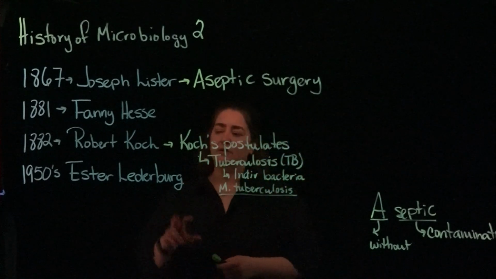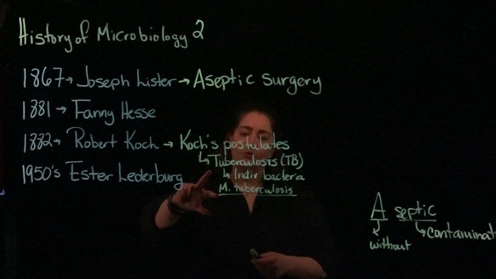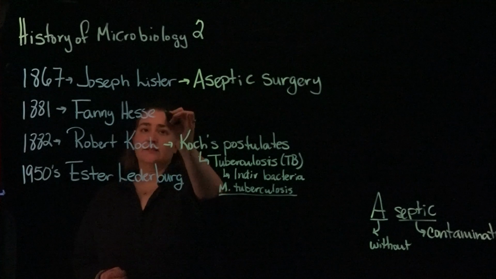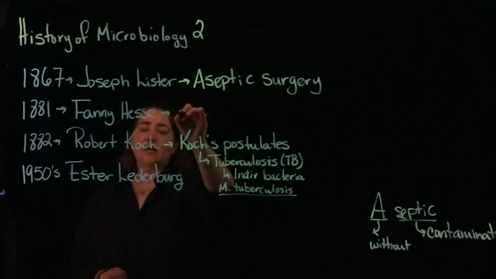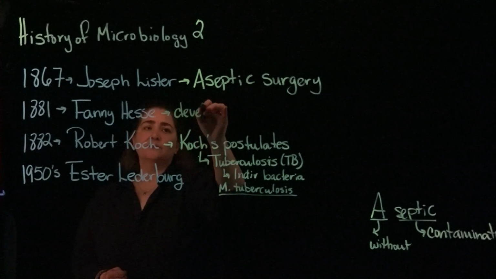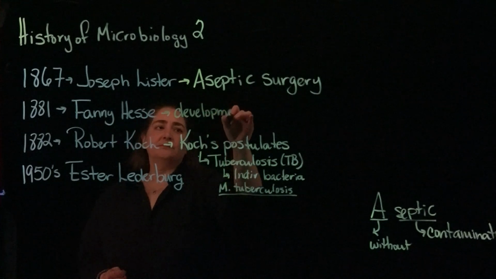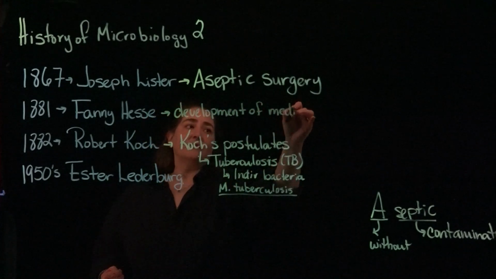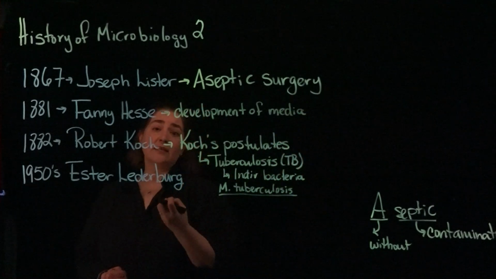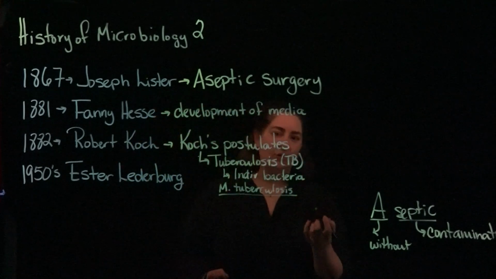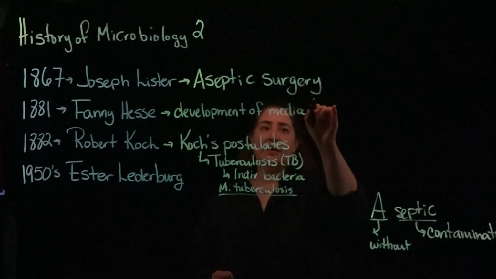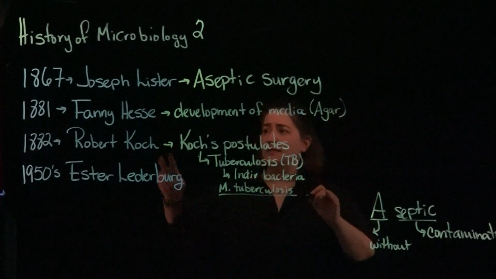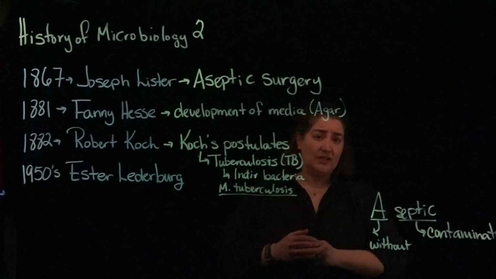But Robert Koch would have never been able to show that association if it weren't for Fanny Hesse. Because Fanny Hesse was involved in the process of creating the media that we now use in modern microbiology labs. And Fanny Hesse wasn't necessarily a trained scientist.